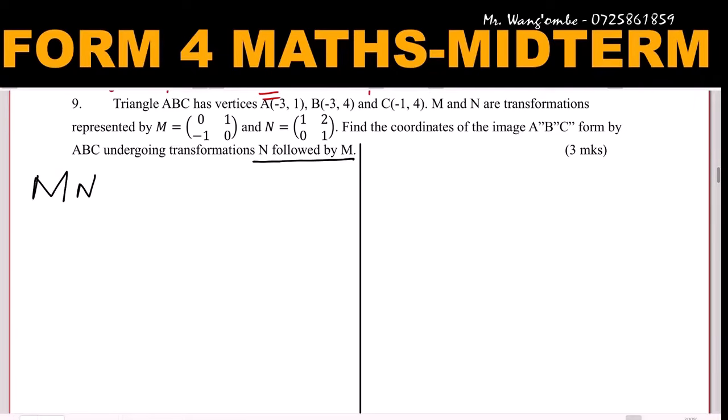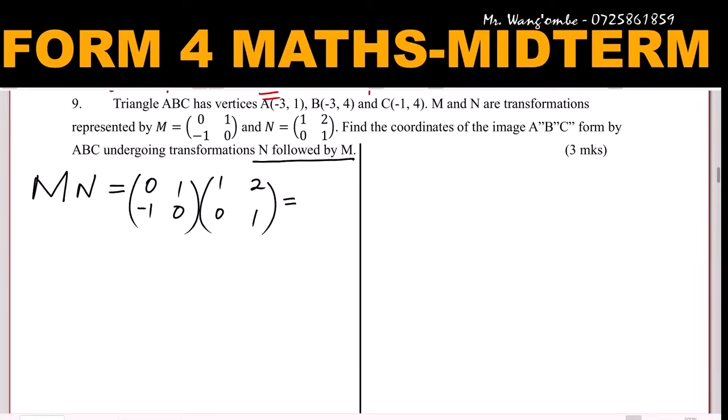That is how we write successive transformation. And therefore, we need to have this multiplication. So we have matrix M, which is 0, negative 1, 1, 0, multiplied by N, which is 1, 0, 2, 1.